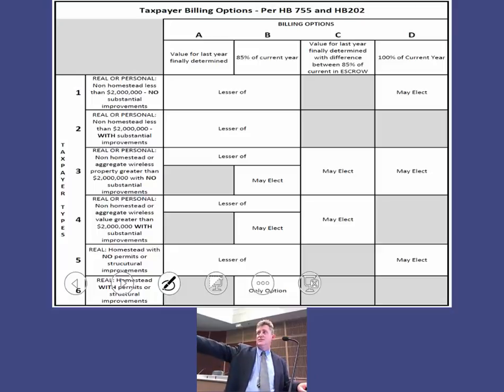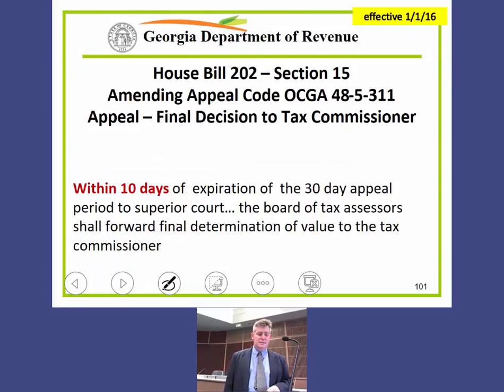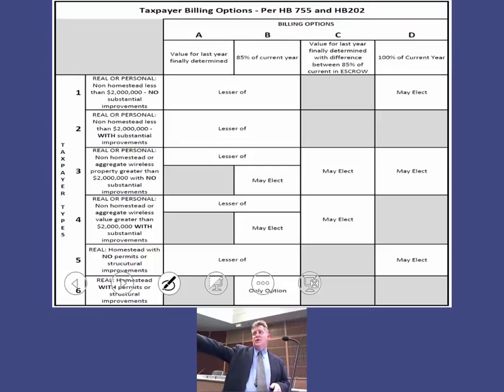The exceptions to that are in the grid. But going back to this, we get a lot of questions about temporary tax bills, so always call us if a taxpayer has a question at all about temporary billing.